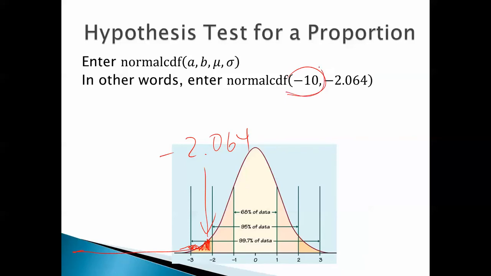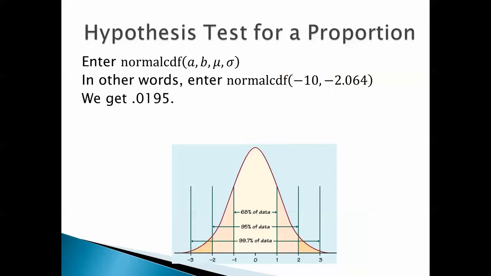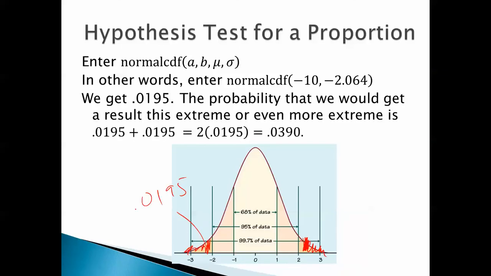So our left endpoint is negative 10. That's negative infinity for all practical purposes. And our right endpoint is negative 2.064. And we get 0.0195. So the probability that we get a result this extreme or even more extreme is 0.0195 plus 0.0195. That's 2 times 0.0195, or 0.0390.